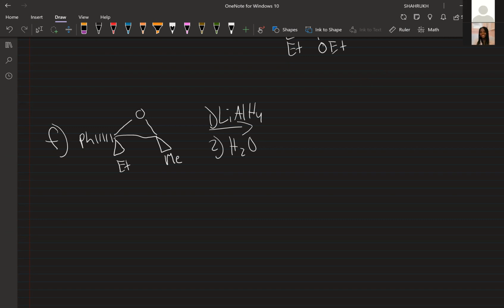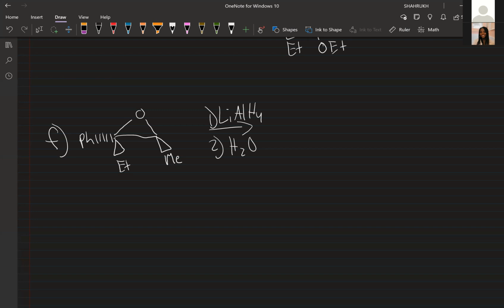NaH is a source of basic hydride. There's no polarizability, so it only acts as a base. Sodium borohydride or lithium aluminum hydride have a BH or AlH bond, which has some polarizability between the Al and the hydrogen, which allows the hydrogen to act as a nucleophile.